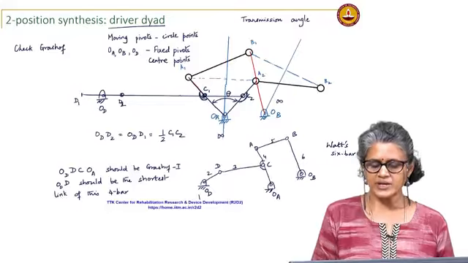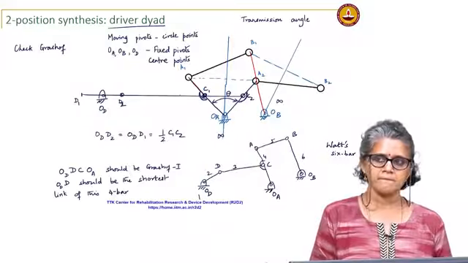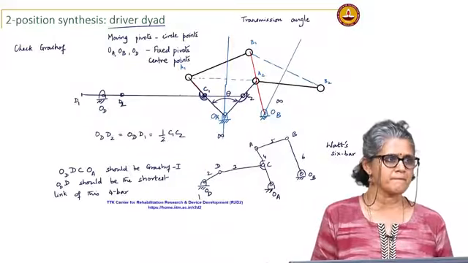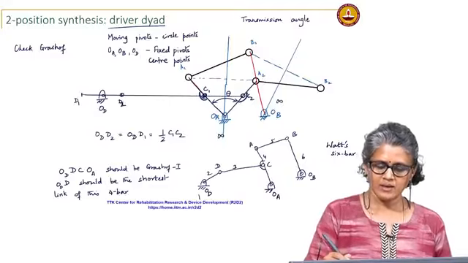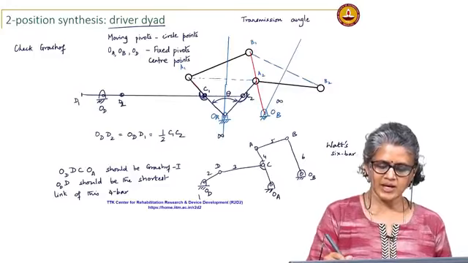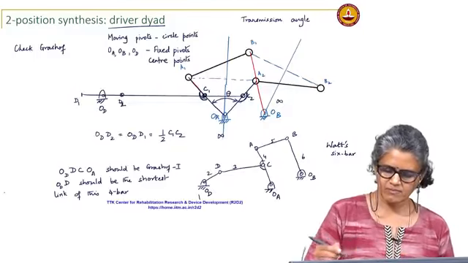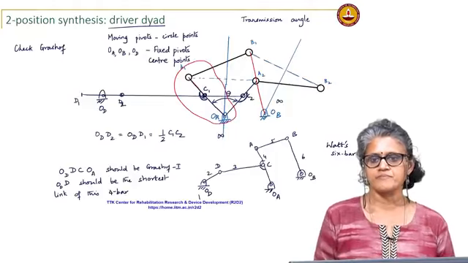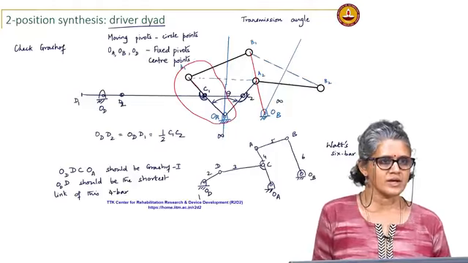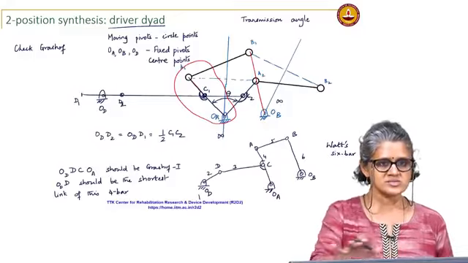Which has to be located on link OA, A. Why? I could have this shaped any which way, right. So, I could choose this point C anywhere on this plane.